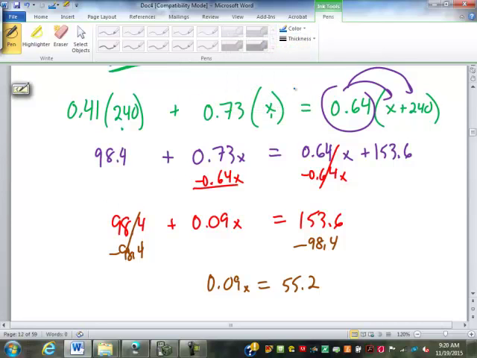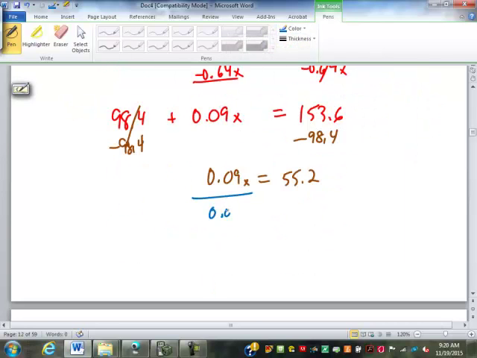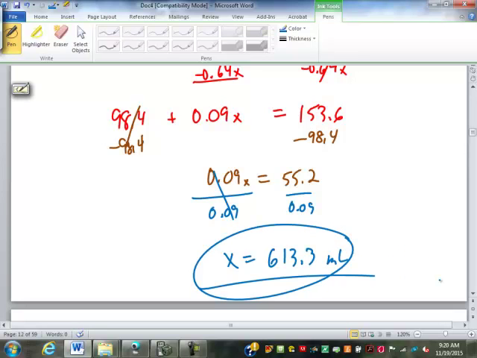And then we'll divide by 0.09. So x equals what? 613.3 milliliters. Not so bad? Okay.